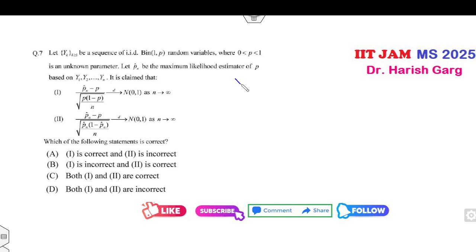Okay, what is given to you? If Yk follows a binomial distribution again with parameters 1 comma p, and they are IID, p is my unknown parameter.